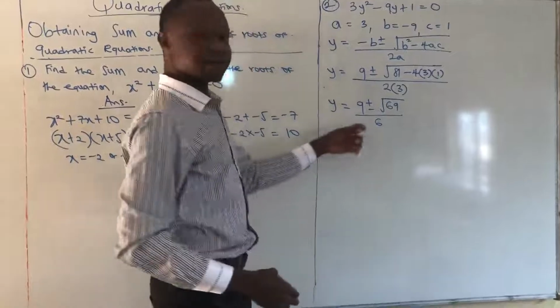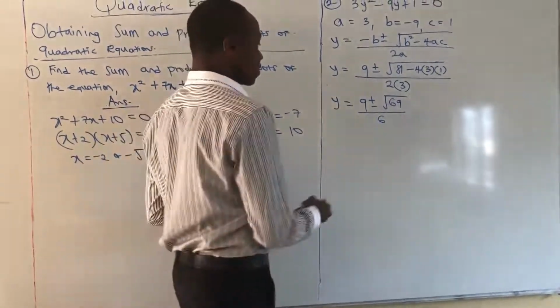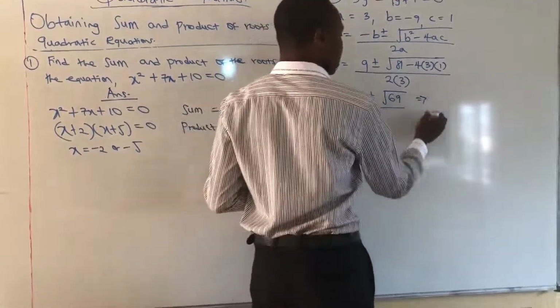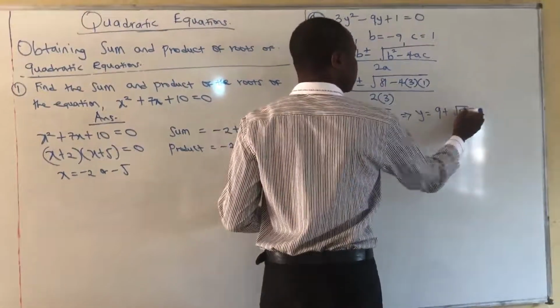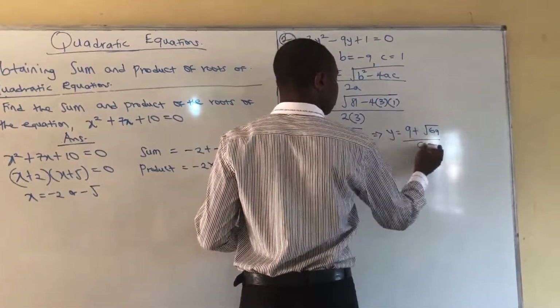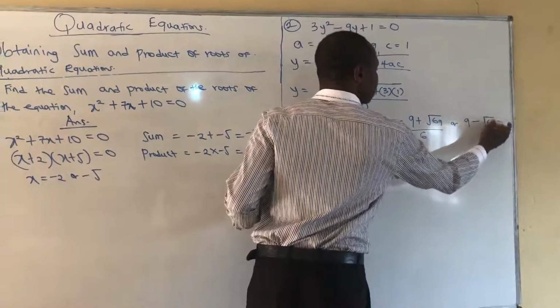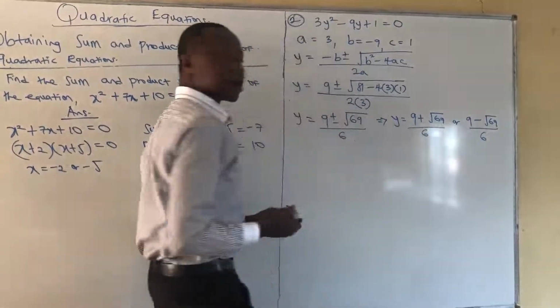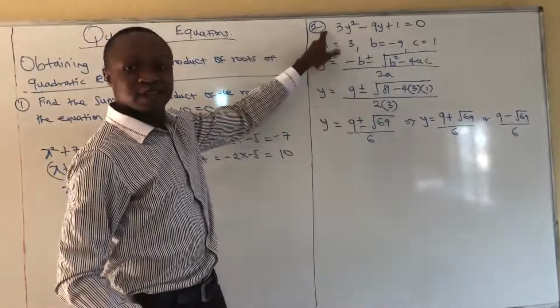This is what we have. 69 is not a perfect square. So we have two solutions or two roots for Y. It implies that Y is 9 plus root 69 all over 6, or 9 minus root 69 all over 6. These are the roots of this quadratic equation.